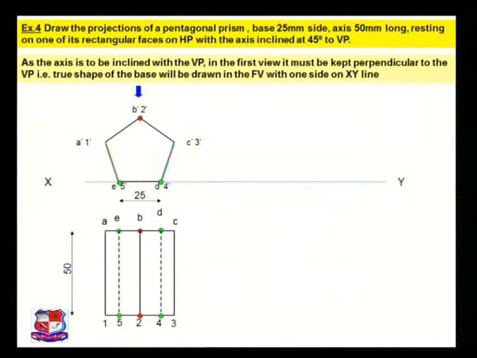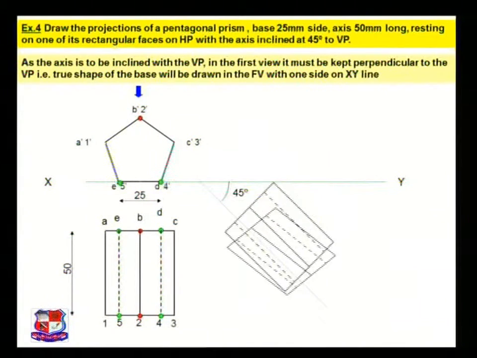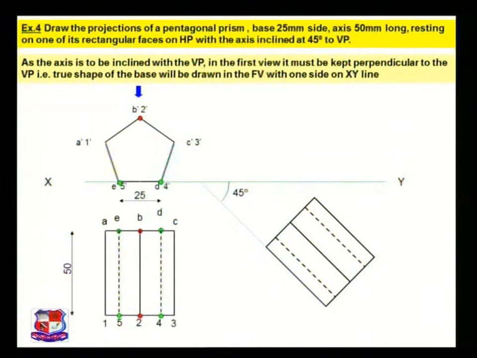Now it is given that it is resting on its rectangular face and we have to draw its other view. So for that, draw a mitre line which makes an angle of 45 degrees with the XY line, this one, and take projections like this. We have to tilt this top view in such a way that this makes an angle of 45 degrees with the XY line.